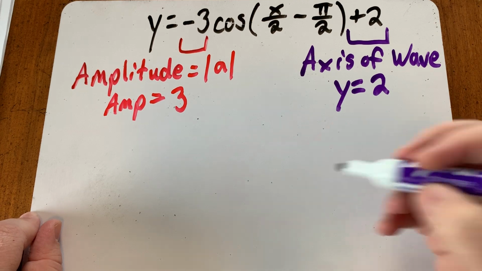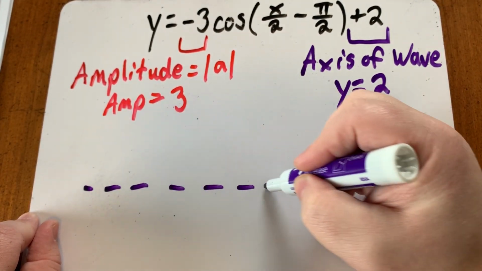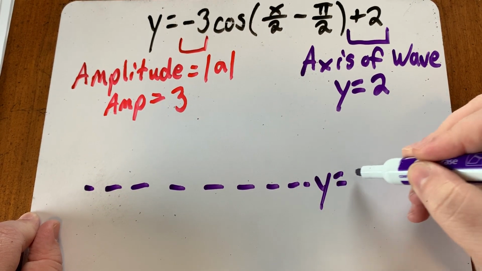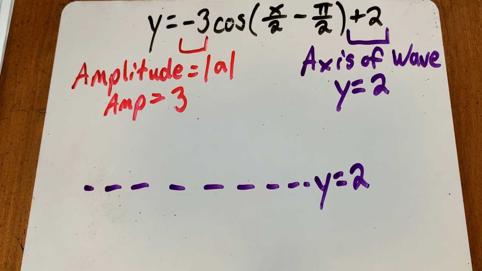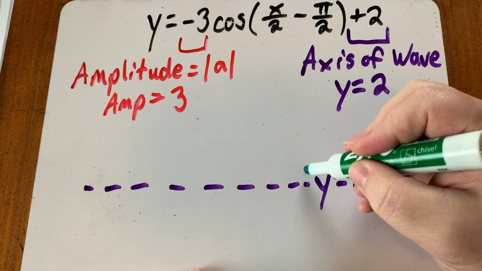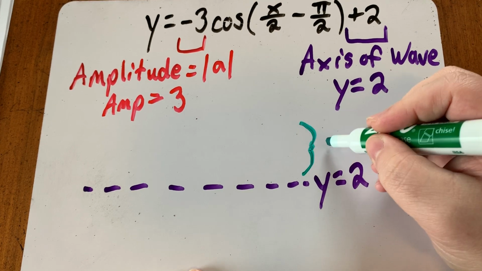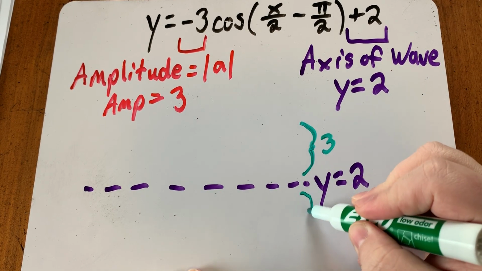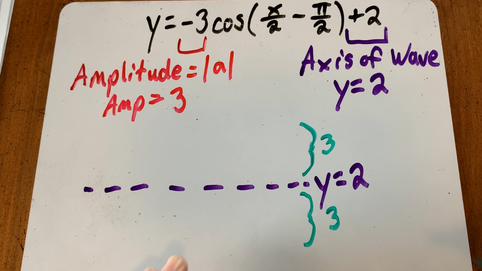So what that means about our function is that y equals 2 is the middle of the curve, and we're going 3 units above to get our maximum, and 3 units below to get our minimum.